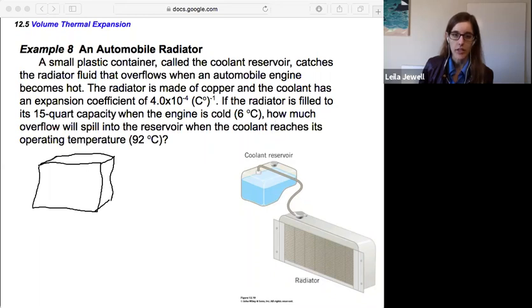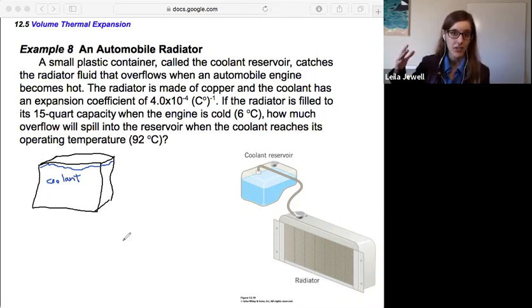Okay, so there we have the actual radiator itself, which is great. And then we could fill in the coolant, right? Coolant. Awesome. So we know the coolant entirely fills the radiator. That tells us something, right?